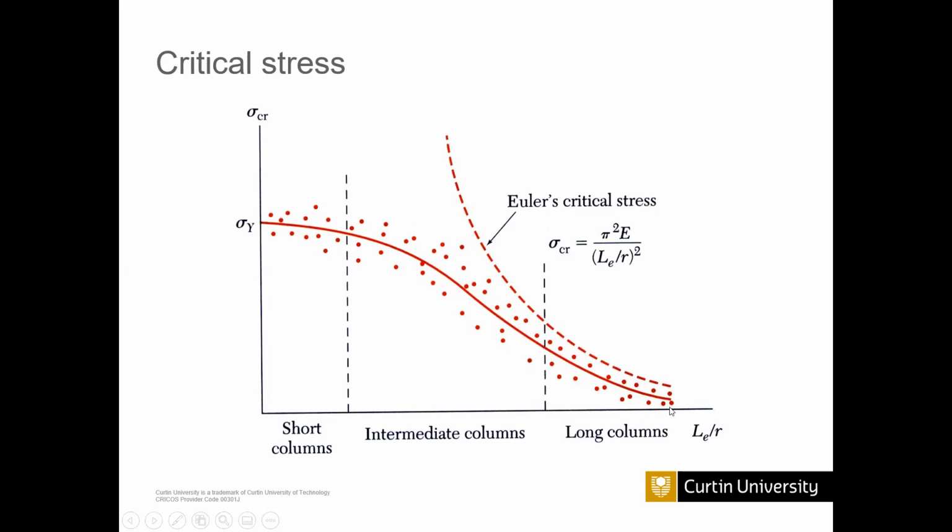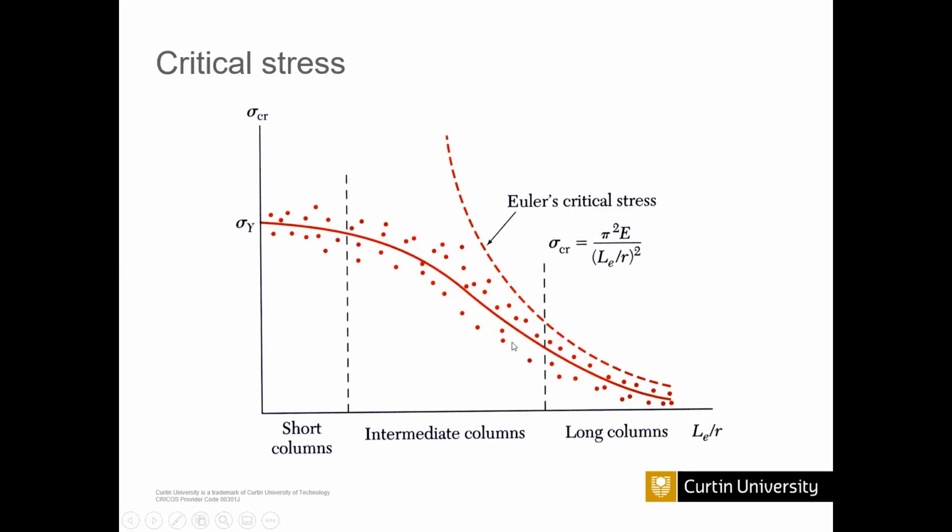But normally, in the actual data for columns, a long column means below 140, the standard ratio. If it is a long column, we can easily use the Euler formula because it matches the practical data.